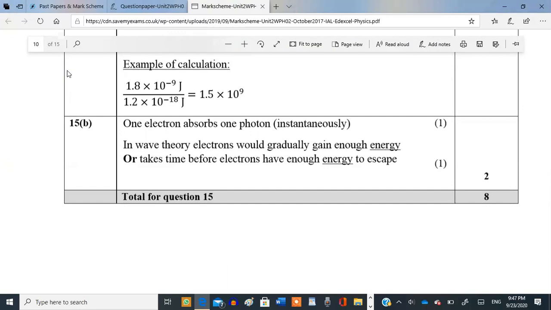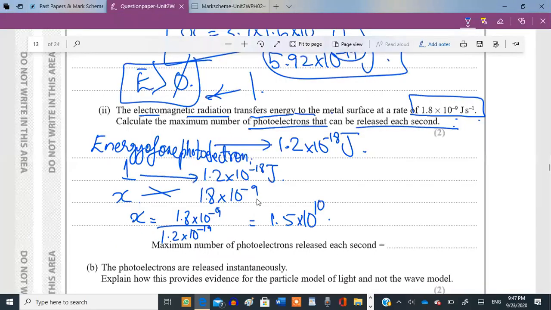Sorry, it's 1.2 raised to the power minus 18 in the denominator, not 19. This is 18. So yeah, it's 1.5 raised to the power of 9, and that's the answer.